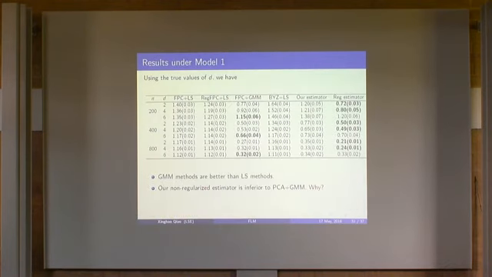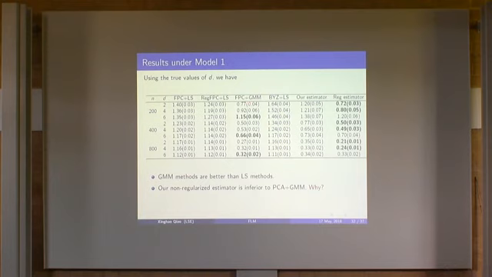Because we don't select D in a very meaningful way, we then said, why not just use the true value of D to estimate our result? It turns out that if we plug in the true value of D, our estimator is actually not as good as the FPC plus GMM approach.